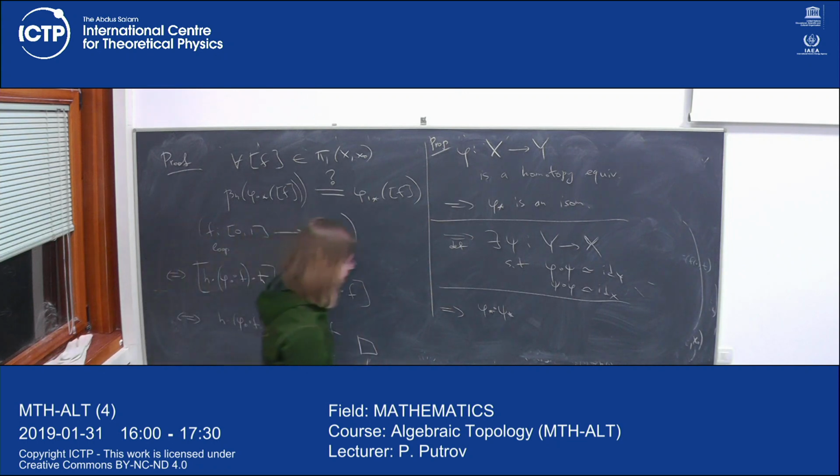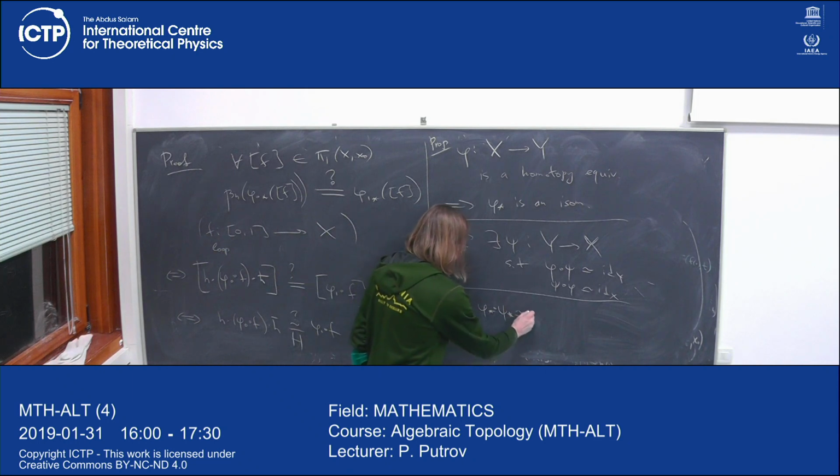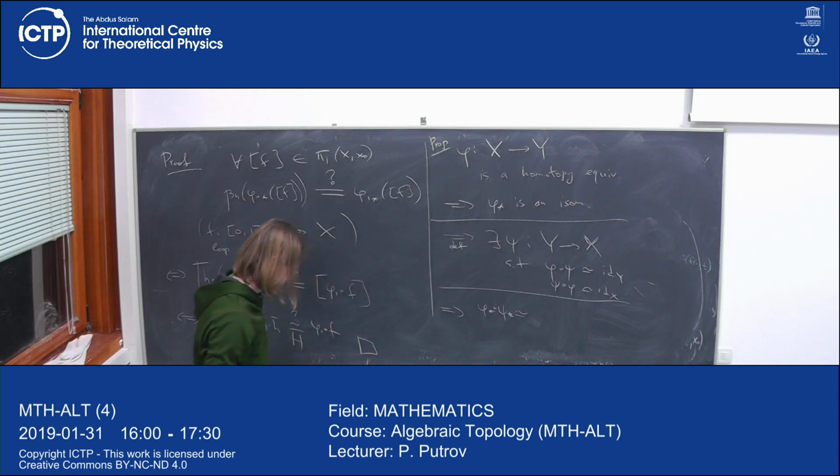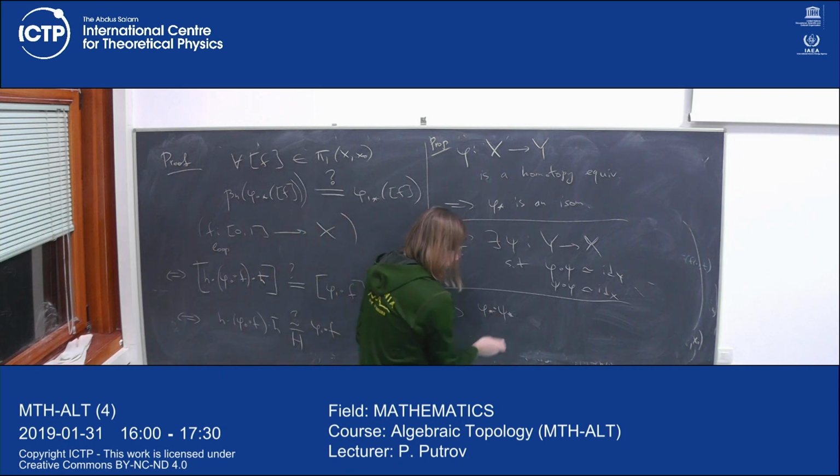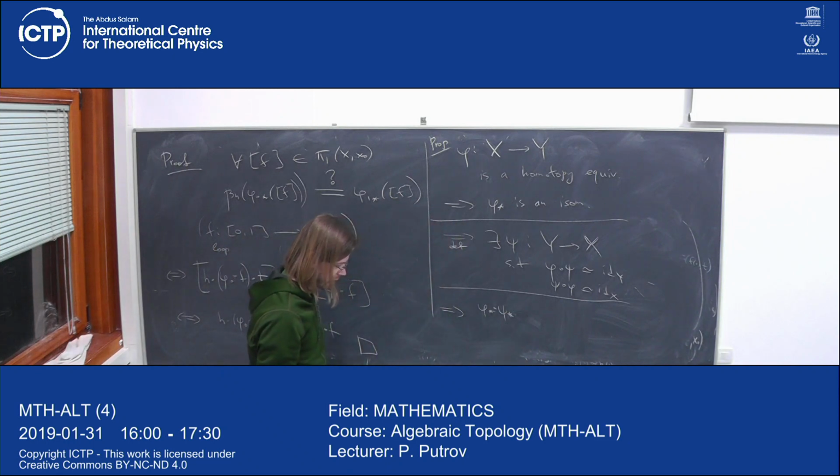We showed in the previous lecture that if there is a homotopy between two maps, then they differ by an isomorphism, right?